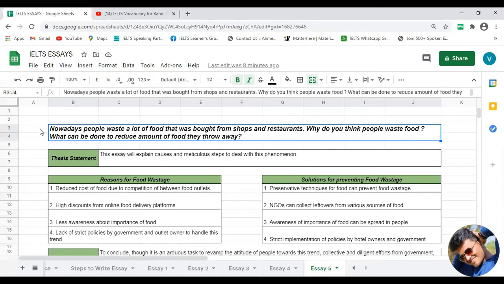It means this essay will contain the simplest form of thesis statement. A thesis statement is nothing but a statement by which you are telling the examiner that you are going to write about this thing, right? So let's start discussing the thesis statement for this particular essay.